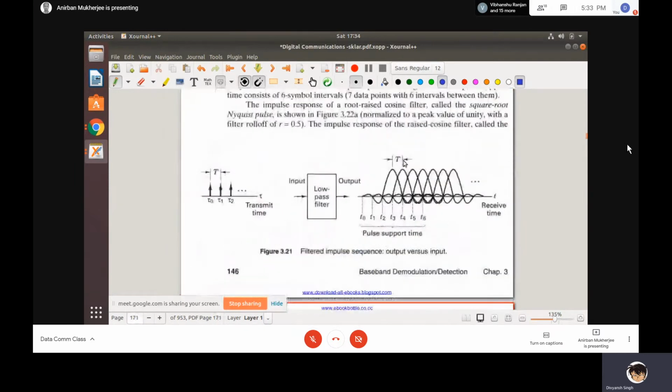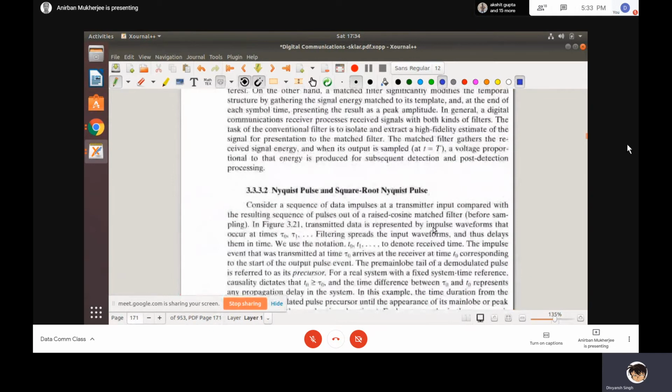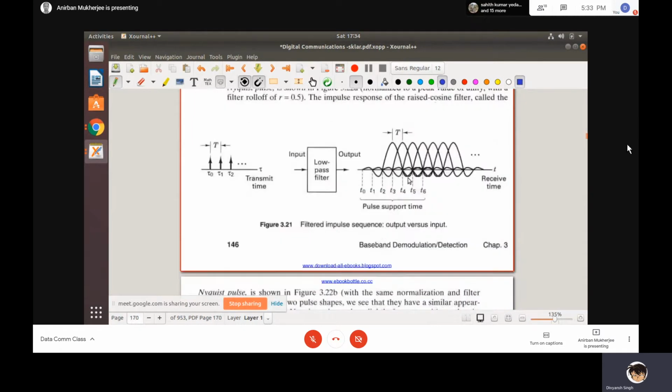That's why we say this is the Nyquist pulse and the square root Nyquist pulse. If the Nyquist condition is met, that means I have a raised cosine kind of characteristic.